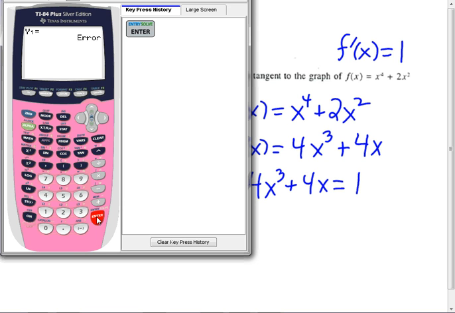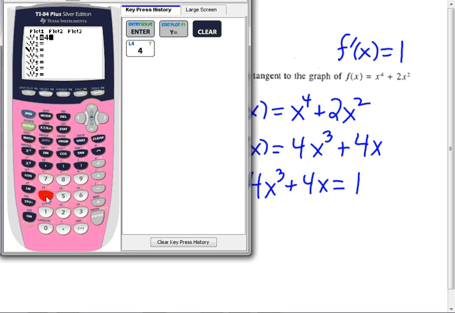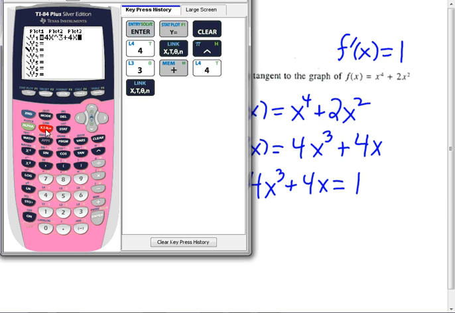So, I'm going to go to y equals. I'm going to clear that out, and I want 4x cubed. Where's my caret? I don't know why they couldn't have kept things in a similar place on the Inspire, but they didn't. I like to look for zeros because it's easy.